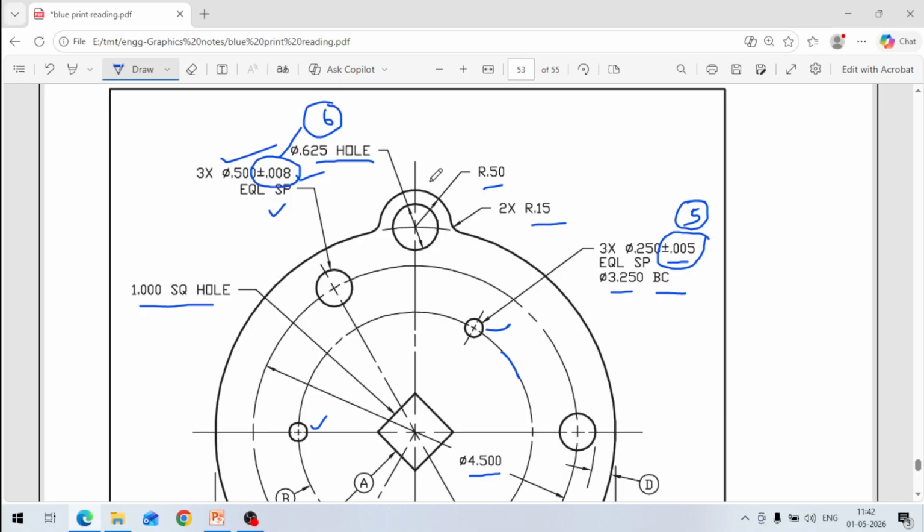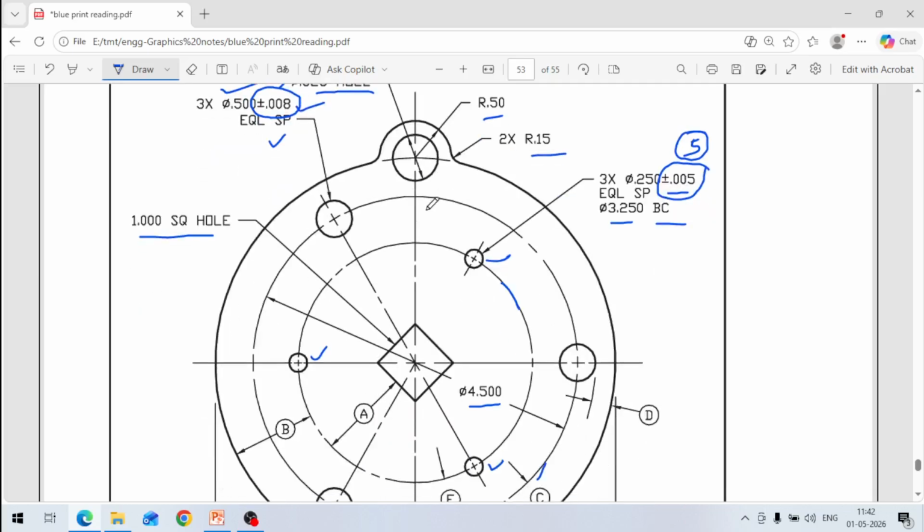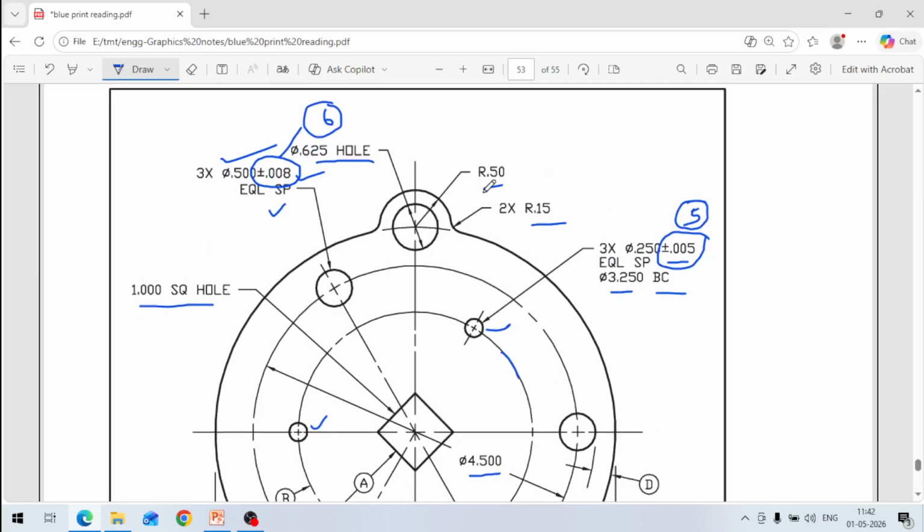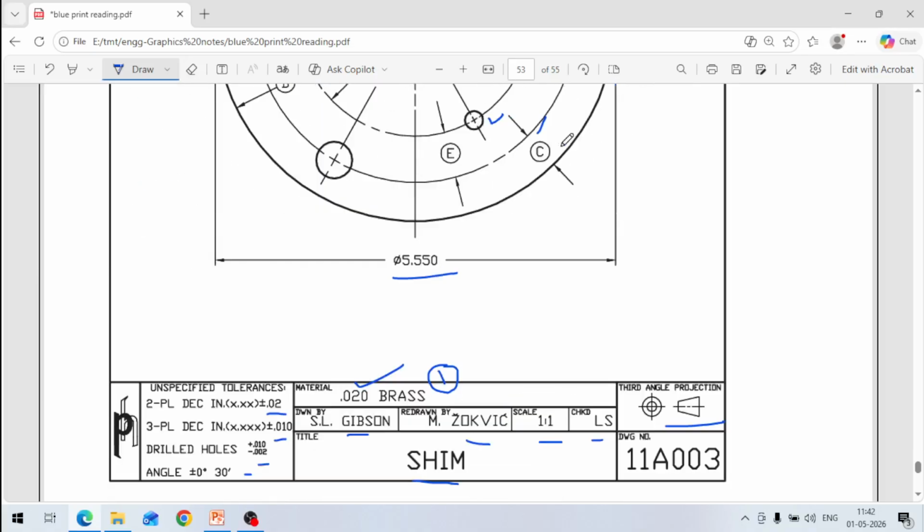This radius is 0.5 inch here, and the hole radius will be 0.625 divided by 2, that means 0.3125. 0.5 minus 0.3125. So how much will be the material?